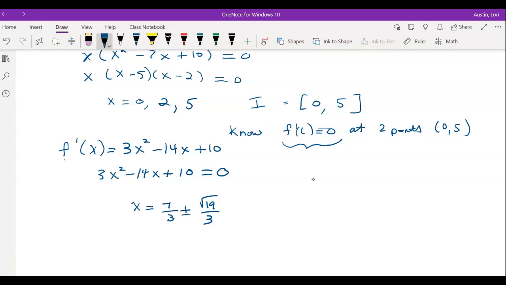Did anybody's graphing calculator give them a decimal? What'd you get? I got 0.88 and 3.76. So my guess is if you work out the top one, you're going to get those two values.